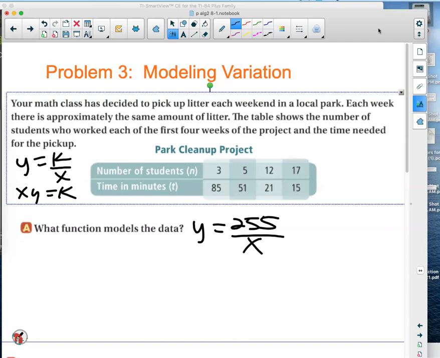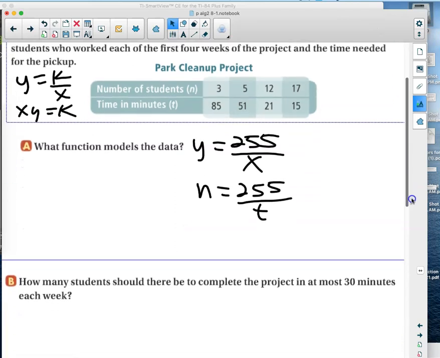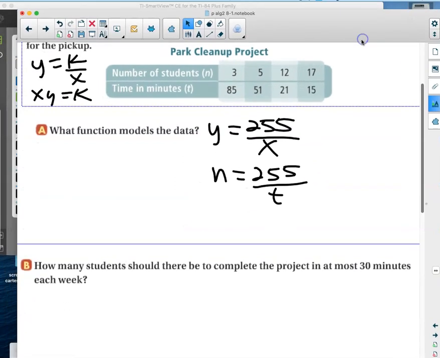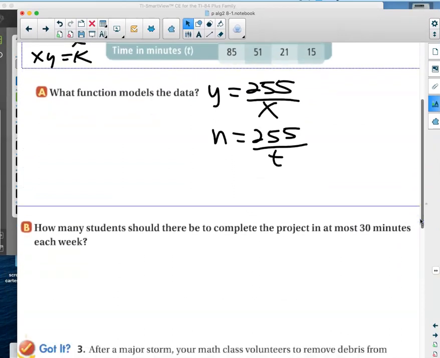Now, they did say we shouldn't use x and y, so let's fix it. They said use n and t. Because here comes the important part. I am certain that each week people would take turns figuring out who it is that's going to get everybody together to go out there.